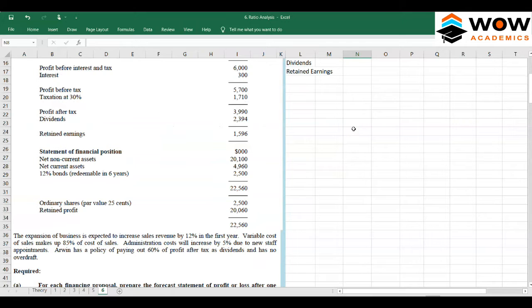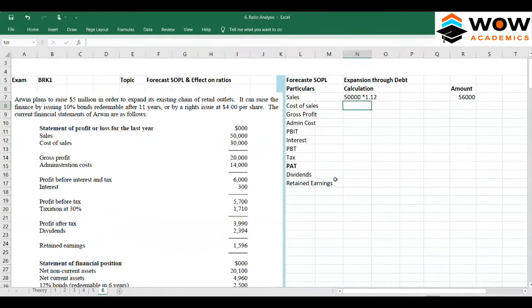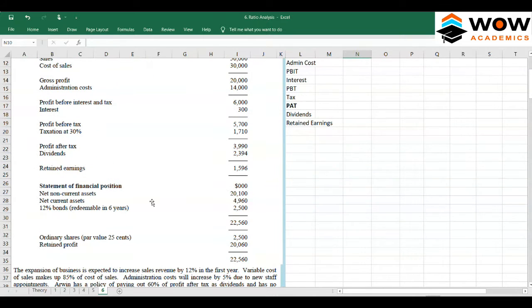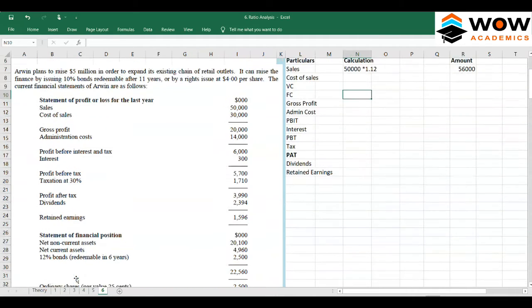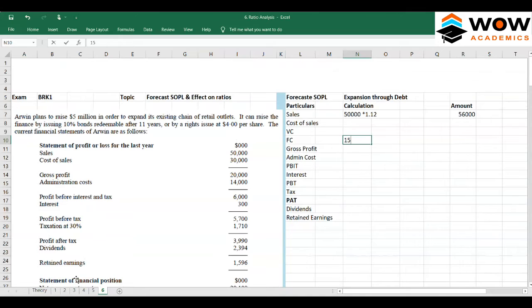They also say that 85% of the cost of sales is variable cost. So the cost of sales has two parts: one is variable cost and the other is fixed cost. The fixed cost is usually fixed, it will not change. So 15% of the cost is always fixed.